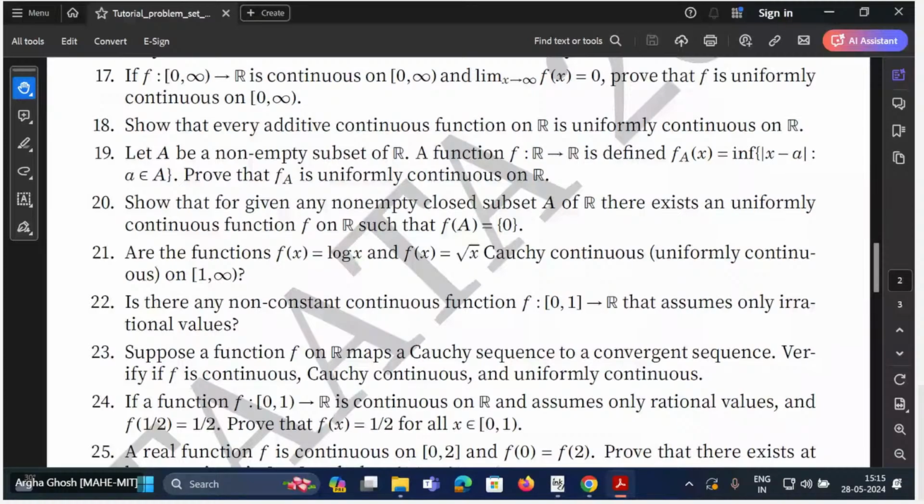Have you got it? Anything? Use the property of infimum.